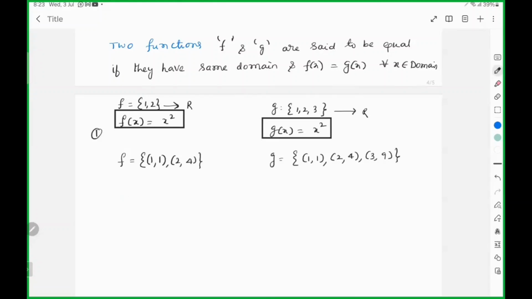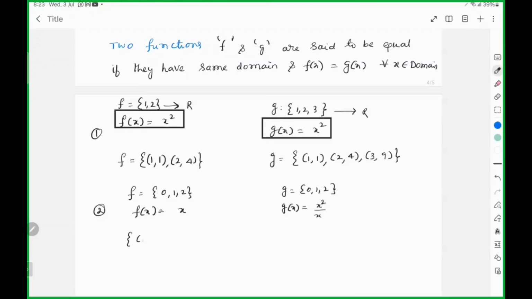So another example: if I take f(x) as x, g(x) as x square by x, both seem to be the same. If I take 0, 1, 2 for f, and 0, 1, 2 for g, they have the same domain.